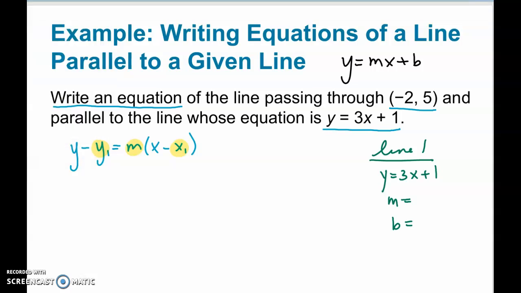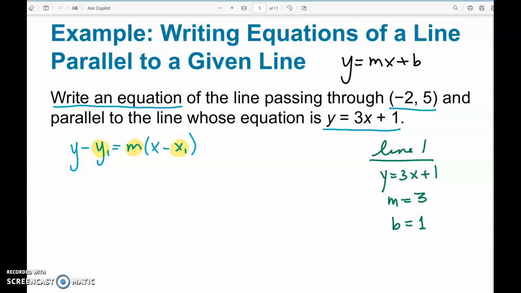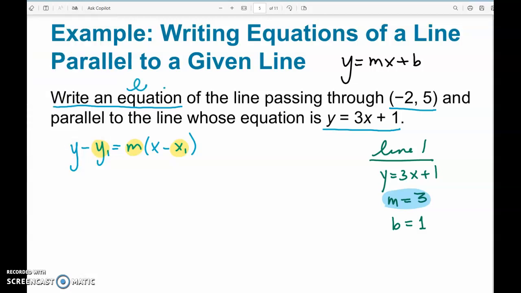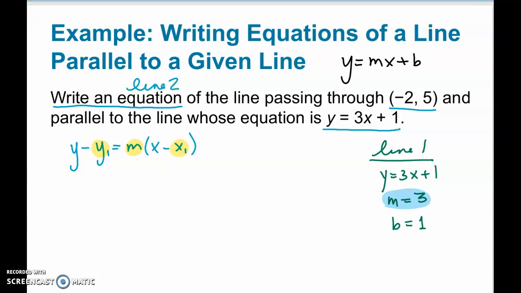All right, so now you should be back from the pause, and you should have gotten the slope of 3 and a y-intercept of 1. So I'm going to use that information. The important piece in this case is the slope, because the line I want to write the equation for, I'm going to call it line 2, goes through this xy point, so let's call this x1, y1, and it's parallel to this line.